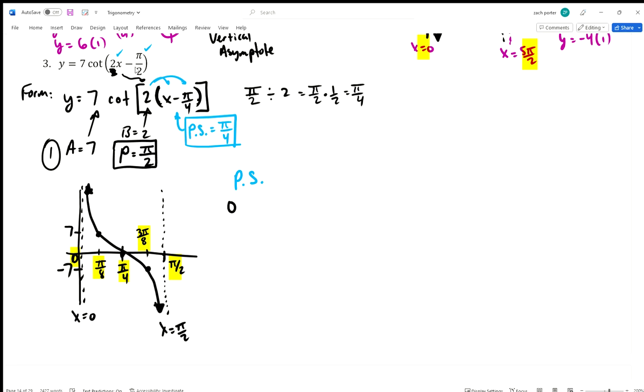I've got my 5 important x values here: 0, pi eighths, pi fourths, 3 pi eighths, and pi halves. Our phase shift is telling us we should add pi fourths to all of these. So plus pi fourths, plus pi fourths, plus pi fourths, plus pi fourths, plus pi fourths.